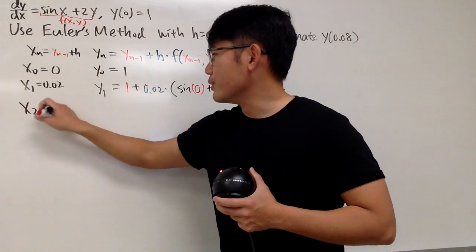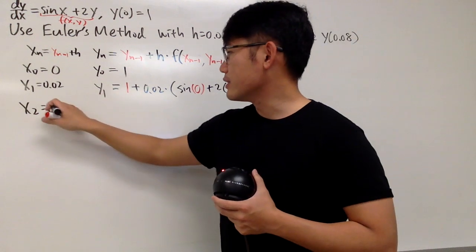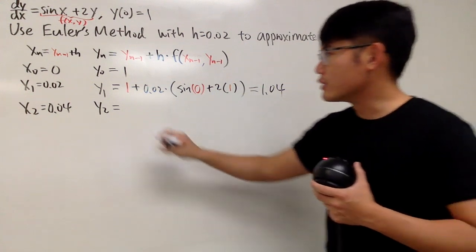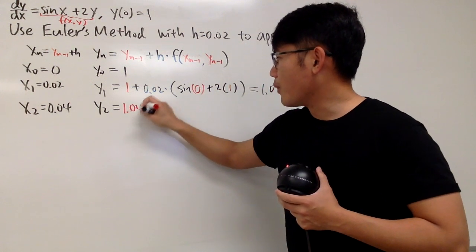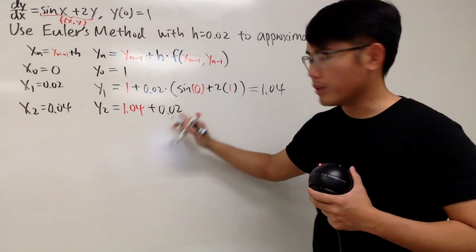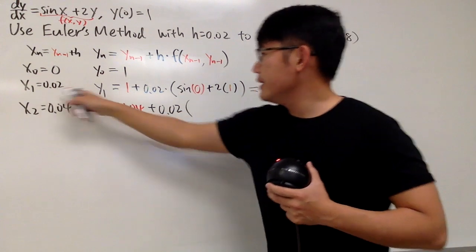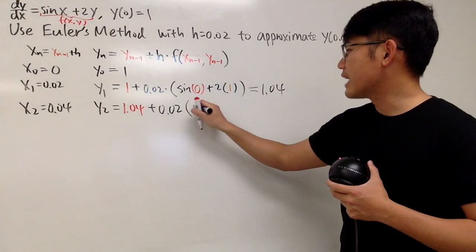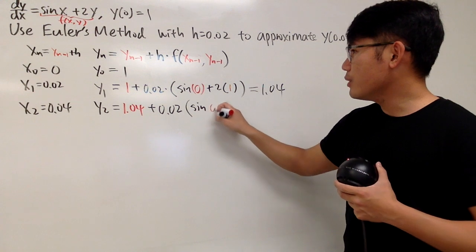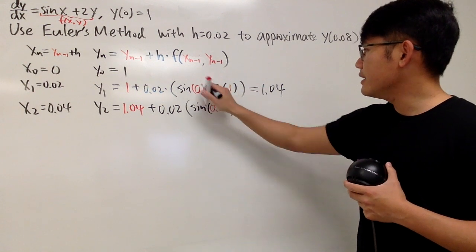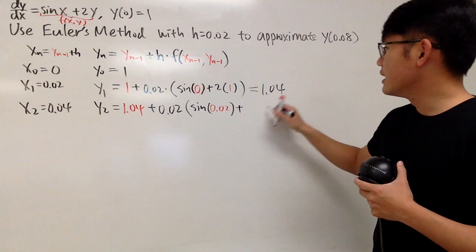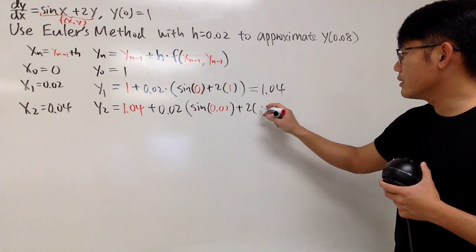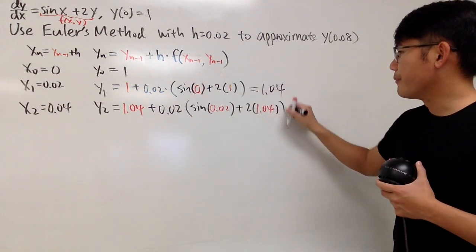And now you pretty much just continue the process. Next one, x2, you just keep adding the h, so you get 0.04. And then y2 is going to be the previous y value, which is 1.04, and then we add the h value, which is 0.02, times f, which is sine of the previous x, 0.02, and then we add 2 times the previous y, 1.04.